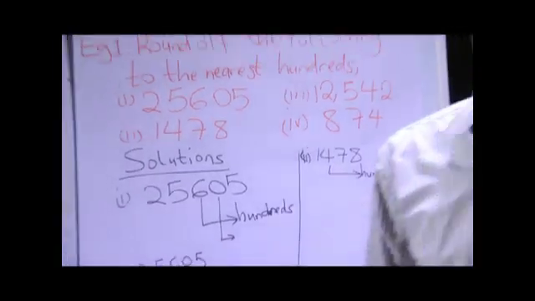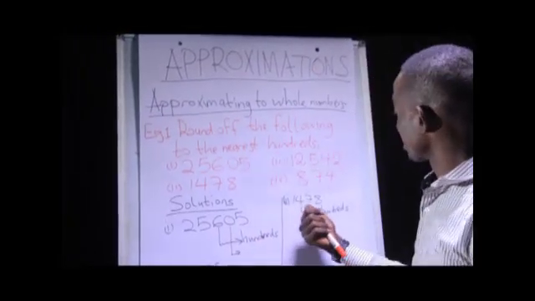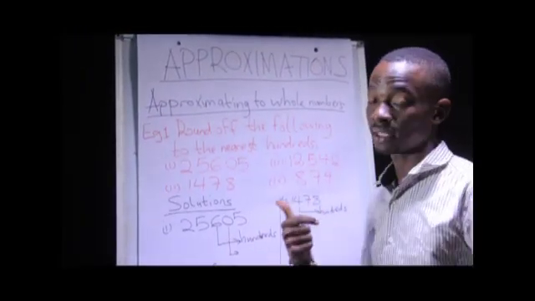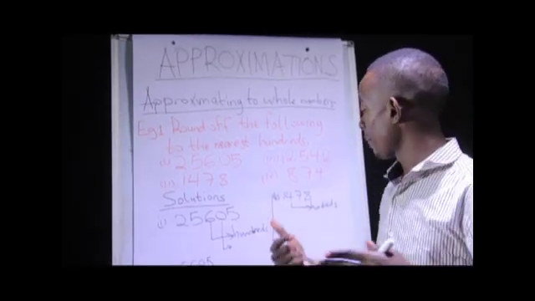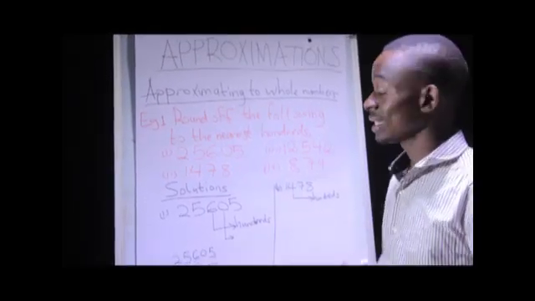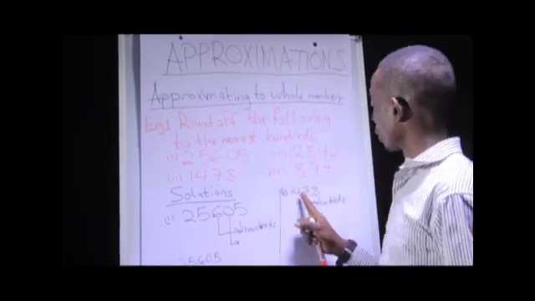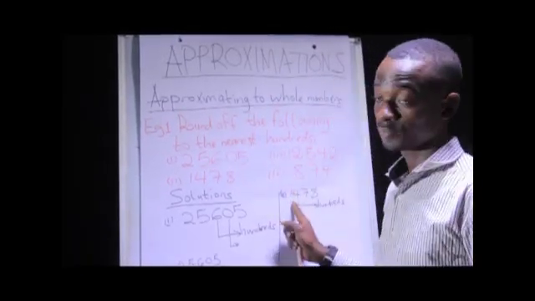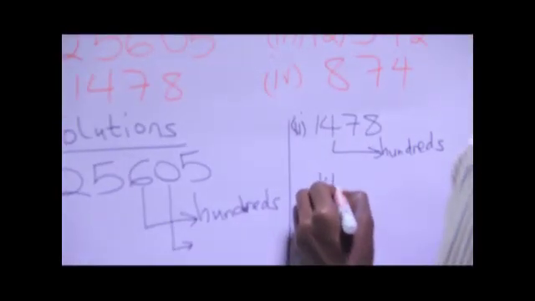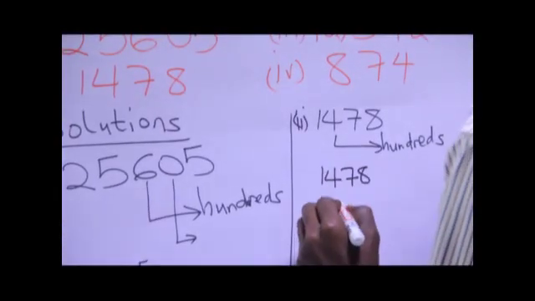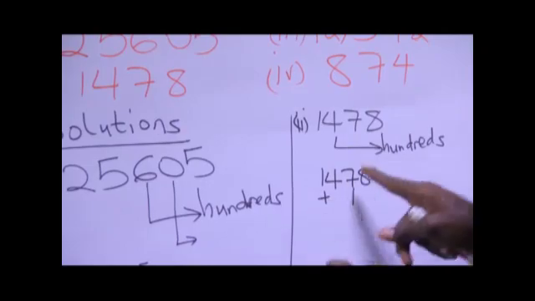After I have located the 4, I look at the number which is next to 4, and that number is 7. And we say that when the number after this one is greater or equal to 5, what I do is I'm going to add a 1 to the 4 here. So I'm going to come down here and say 1, 4, 7, 8, and I'm going to add a 1 to the 7.